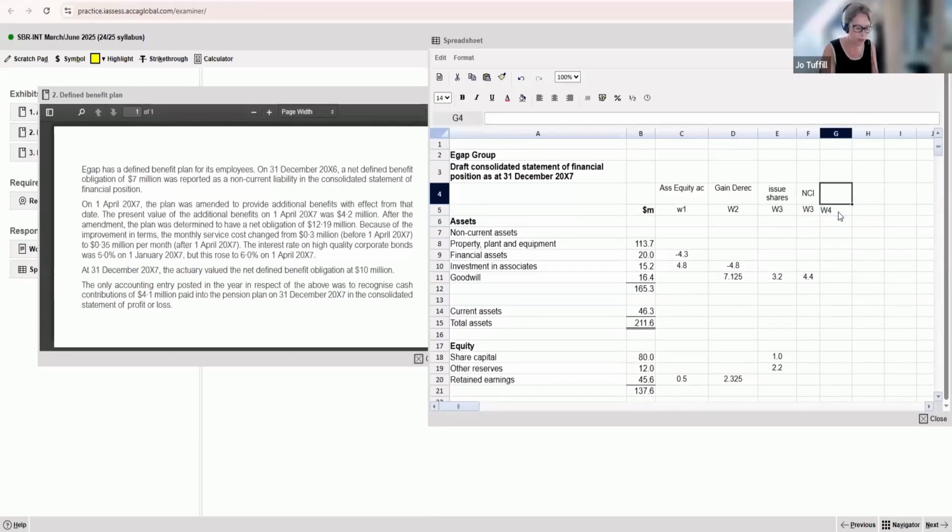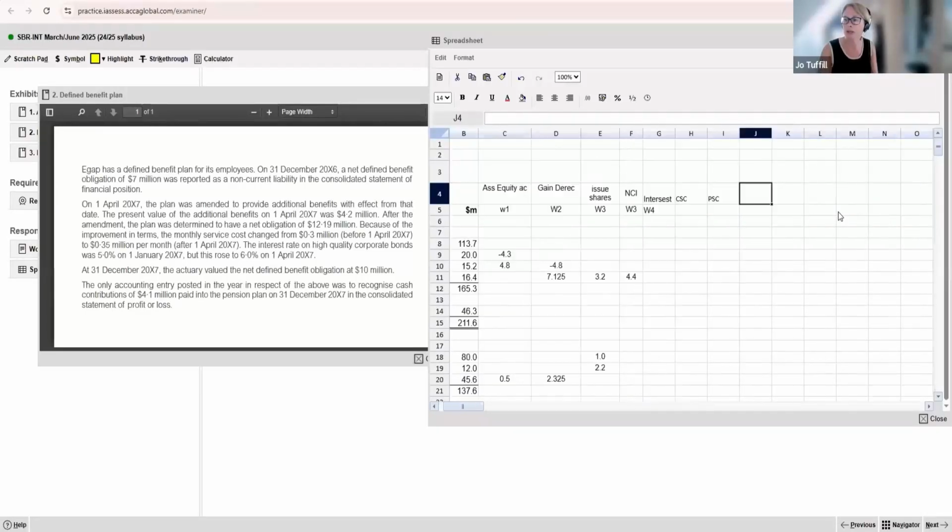So I'm going to do interest, and first, current service cost, and past service cost. Then I'm going to do contributions, and then OCI. And they're all basically on working for, so that the examining team can see that.